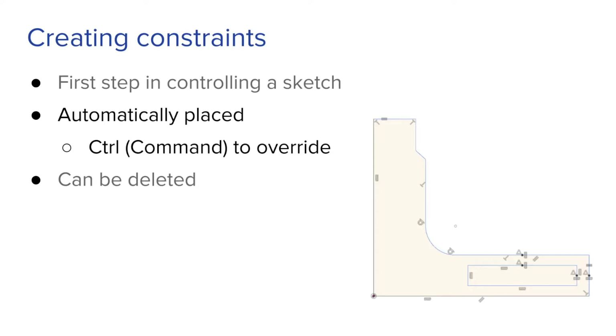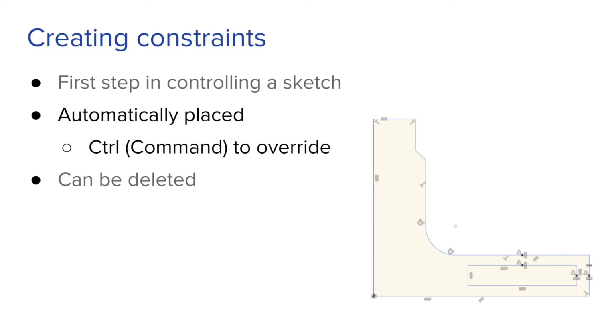Now, there are some additional sketching capabilities and constraints that can become more advanced. They can also help you get over some of the common problems, such as centering an object on another object without using a lot of construction lines. Of course, any constraint that's been applied can be removed and replaced with a different constraint.